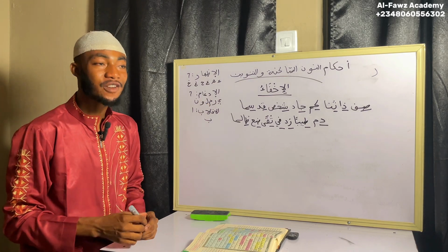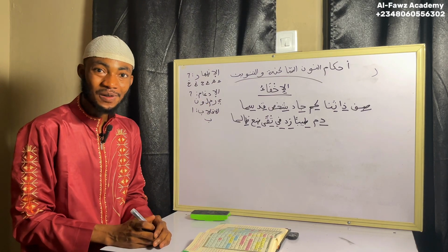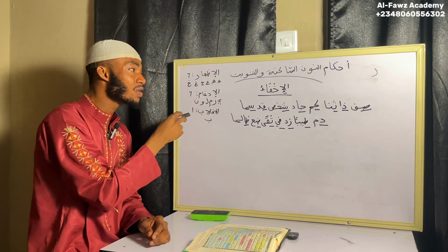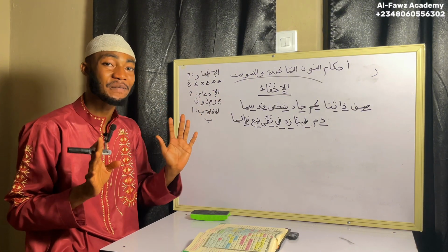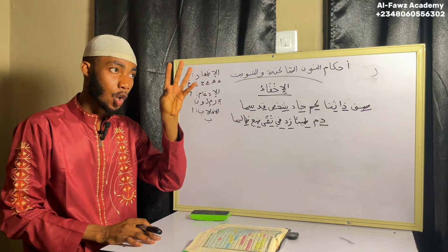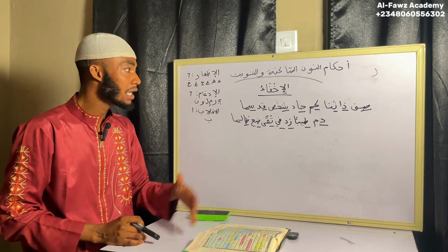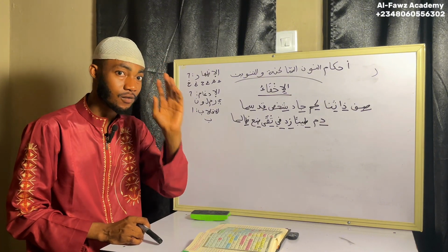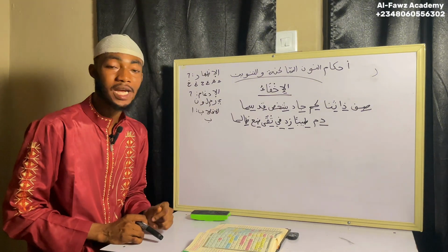That means Al-Ikhfaa is the grand of them all. Because 6 goes to Izhar, 6 goes to Idgham, 1 goes to Iqlab, and 15 goes to Ikhfaa. This is the most occurring in the Quran. With 15 Arabic alphabets, you can get over 20, over 50 on a page.